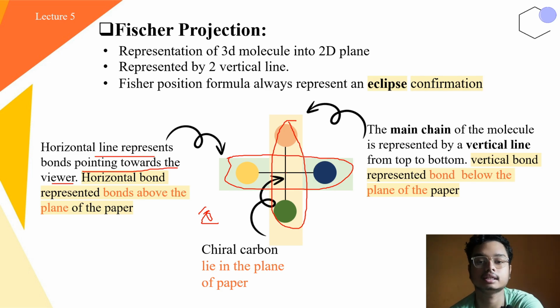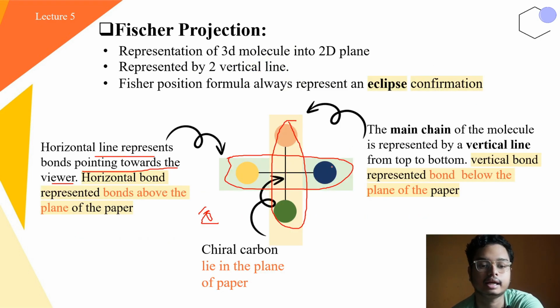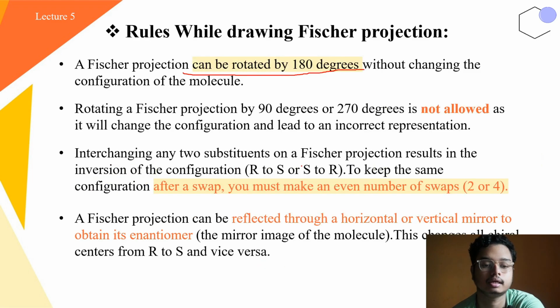Okay, now there are certain rules associated with the Fischer projection formula. First of all, a Fischer projection can be rotated by only 180 degrees without changing the configuration of the molecule. Like 180 degree rotation is okay, but if we rotate by 90 degrees or 270 degrees, then the absolute configuration will be changed.